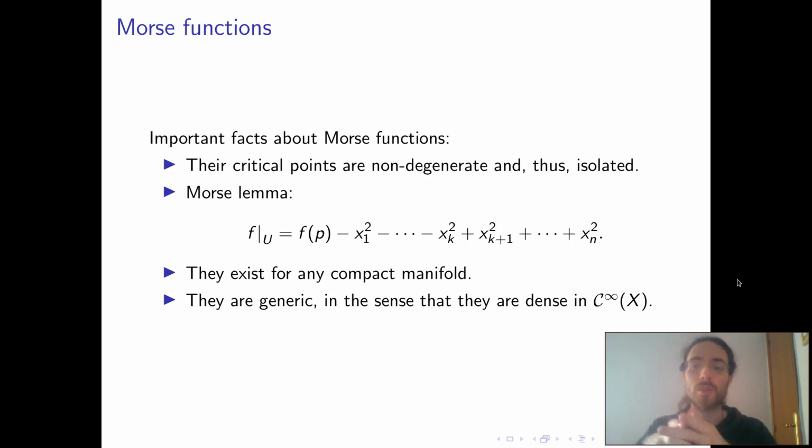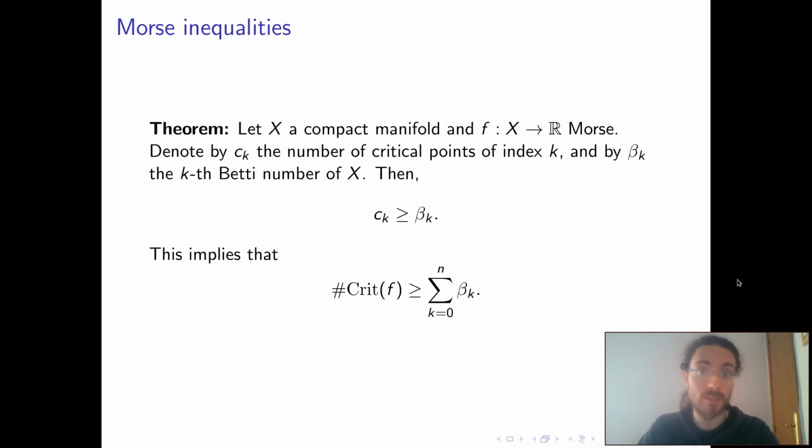But there are more properties of Morse functions which are important, and the crucial one, which we are focusing on in this lesson, are the Morse inequalities. So Morse inequalities do exactly what we said at the beginning.